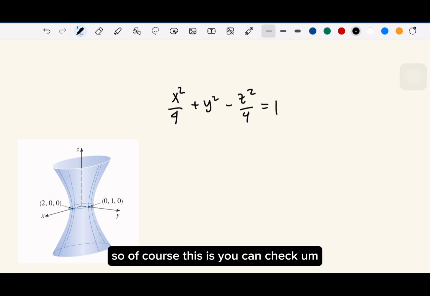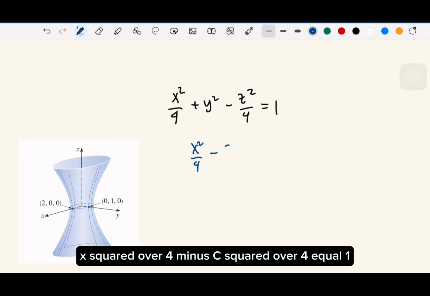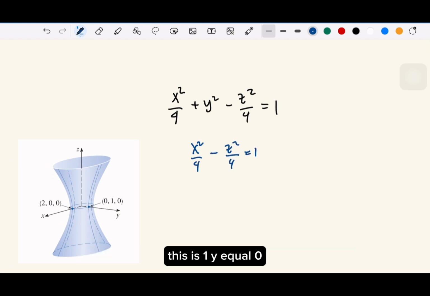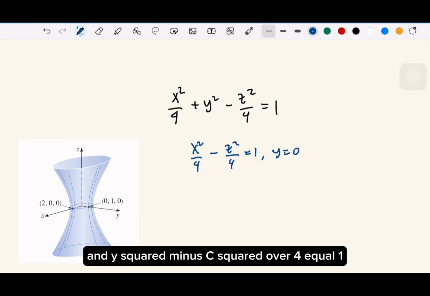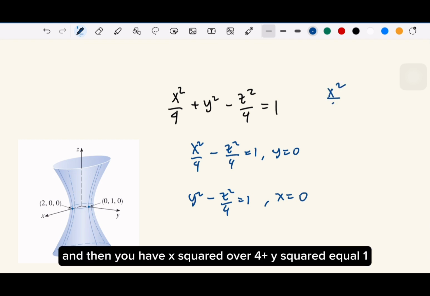So you can check: x squared over 4 minus z squared over 4 equals 1. This is when y equals 0. And y squared minus z squared over 4 equals 1. This is when x equals 0. And then you have x squared over 4 plus y squared equals 1.